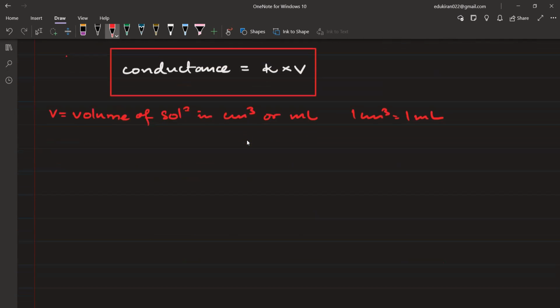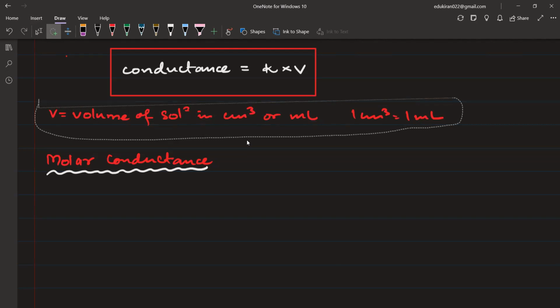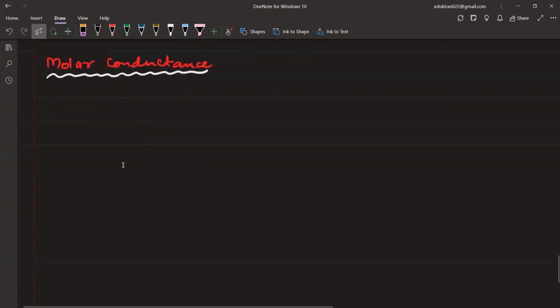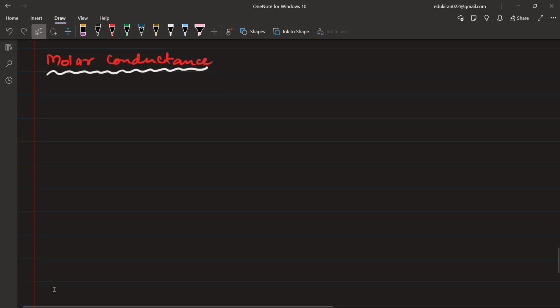All right, next. Molar conductance. Molar conductance is also known as molar conductivity.